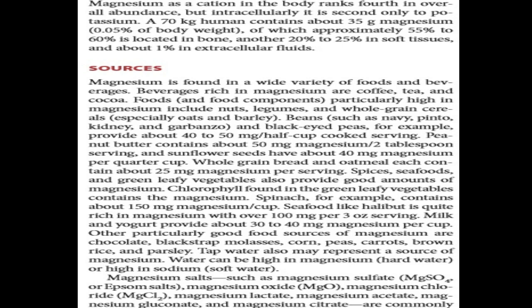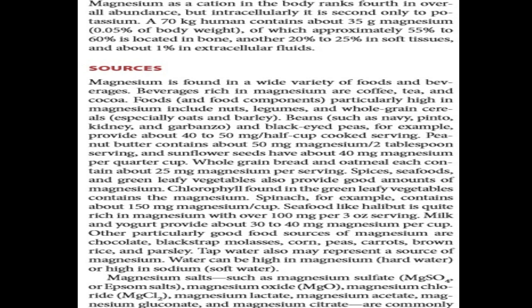Good food sources of magnesium other than these are chocolate, blackstrap molasses, corn, popcorn, peas, carrots, brown rice and parsley. And sometimes you see that tap water also represents a source of magnesium.